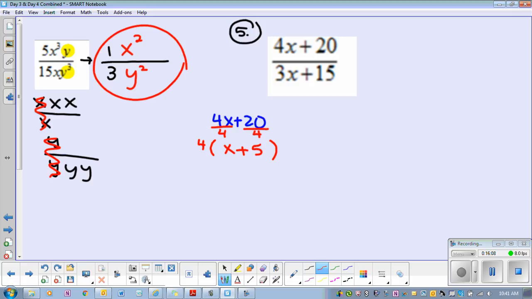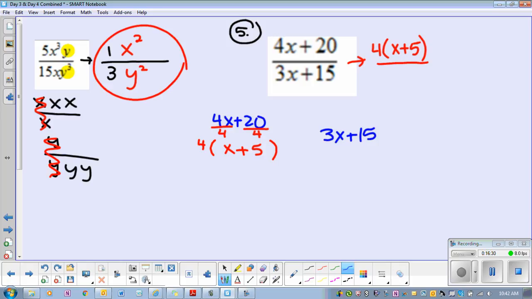Good. So let me rewrite this guy. So that's 4 times x plus 5 on the top. You see how we rewrote it? We kind of broke it apart, right? Now let's factor the bottom. 3x plus 15.